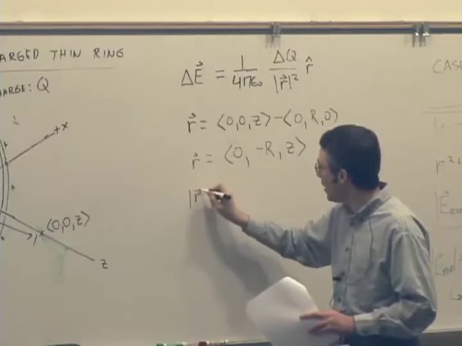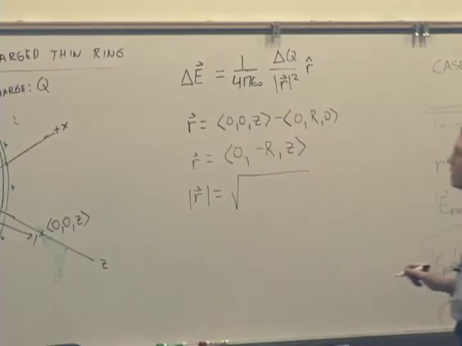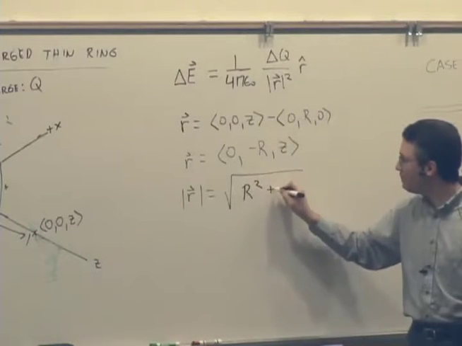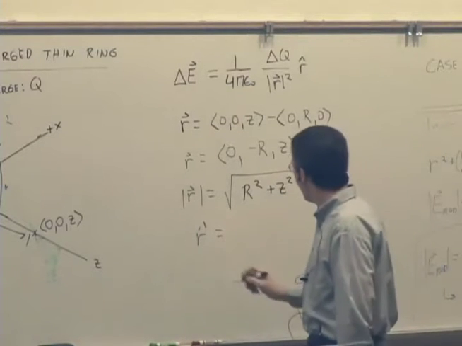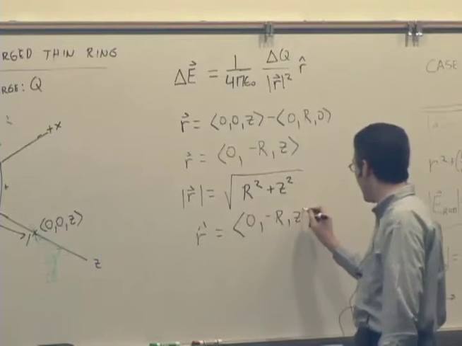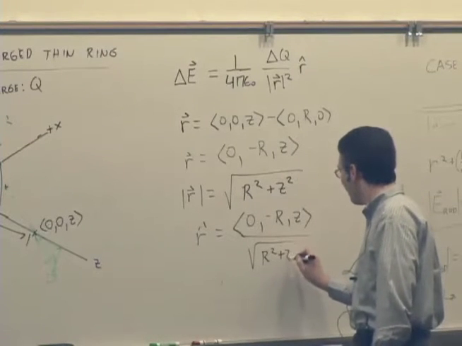The magnitude of that is going to be the square root of R squared plus z squared. And then r hat is 0, negative R, z over the square root of R squared plus z squared.